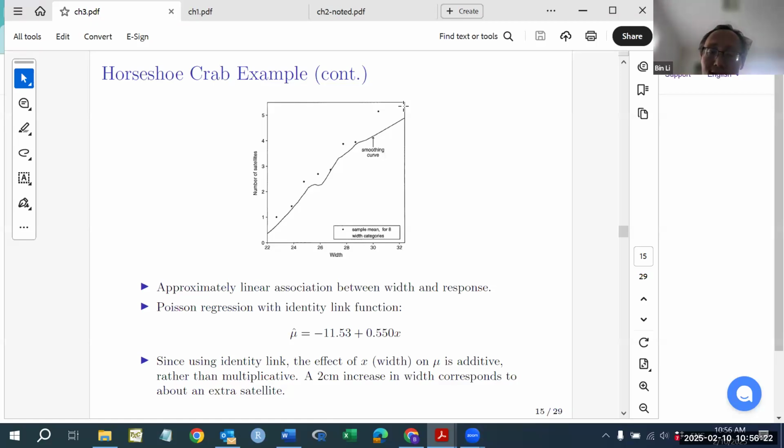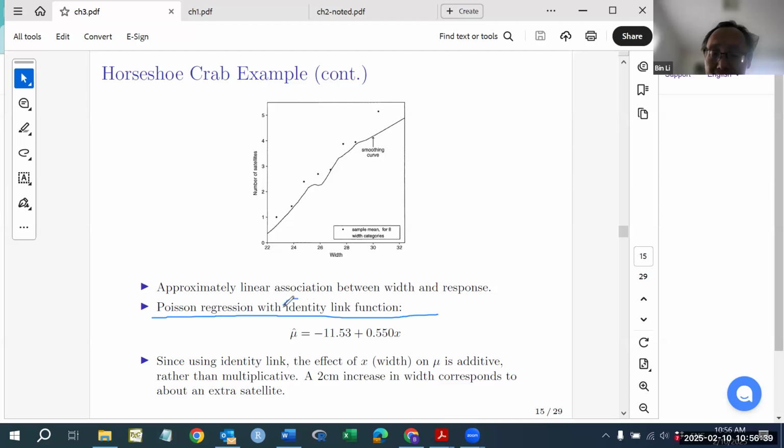Okay, so that is based on the data that we see. So there's a linear trend. So that motivated us to first fit a Poisson regression model with identity link function.